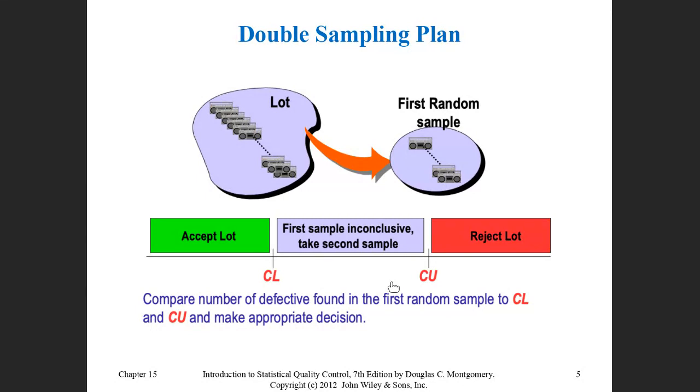The double sampling plan, I have multiple samples with the same concept. I have a lot or batch, and then I have the first sample that I will examine. I will examine it against the cutoff point that I have defined. The cutoff is how many defectives are acceptable, and they refer to it as the cutoff limits, the cutoff lower and the cutoff upper.